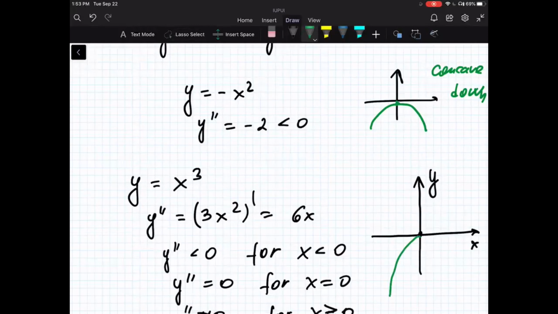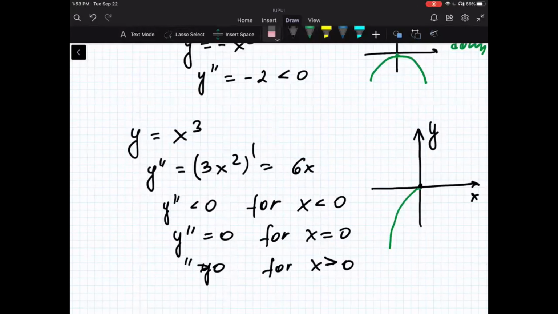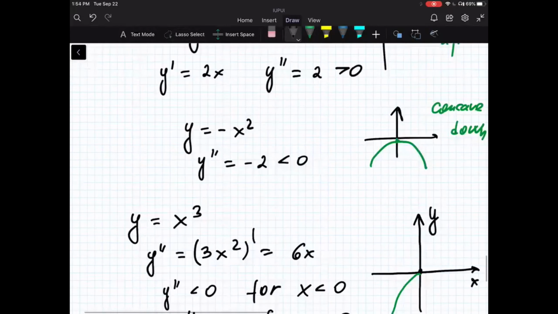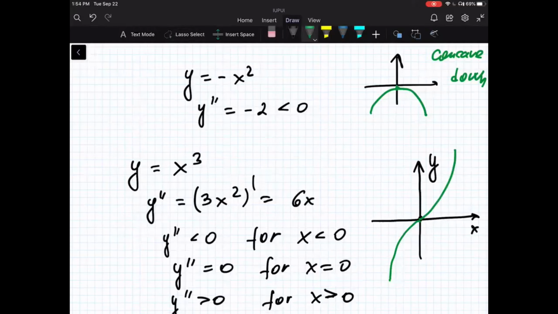But after 0, when x is greater than 0, it should behave like concave up. That means that it should look like this. And here's my inflection point. So at the inflection point in this example, my concavity was changed. It was concave down, and then it becomes concave up.